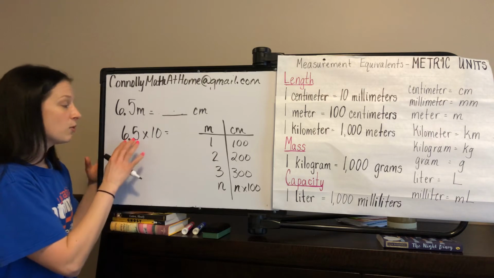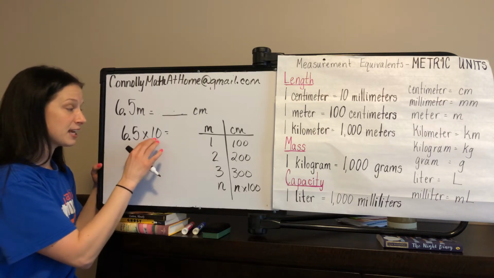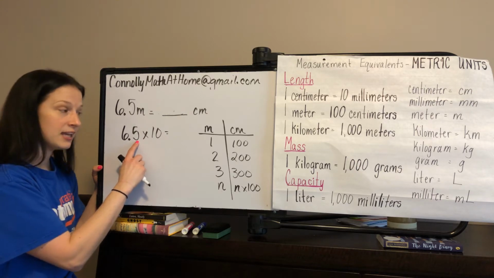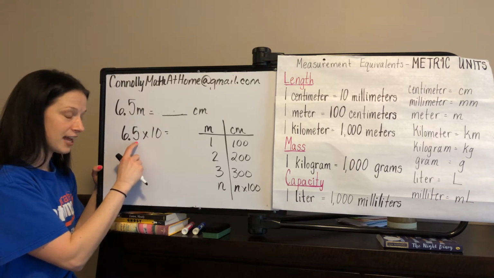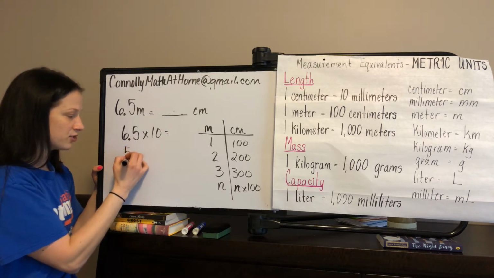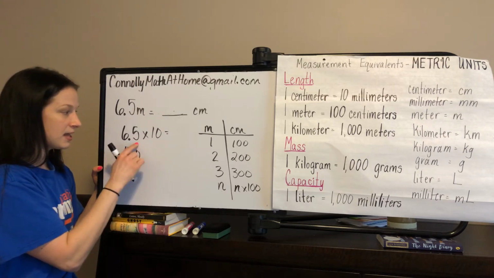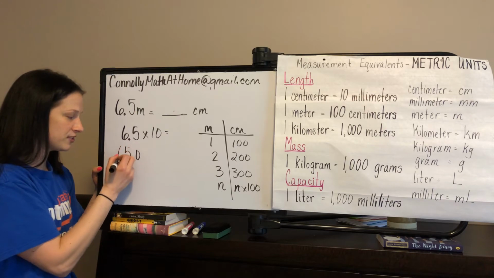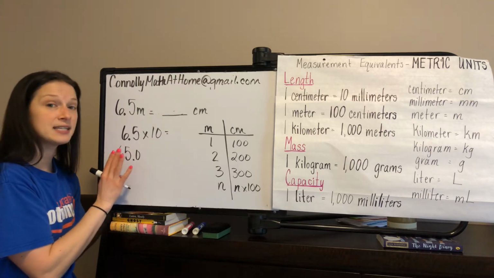So when you're multiplying 6 and 5/10 times 10, we have a 5 in the 10ths place. If my 5 is going to get 10 times greater, then it's going to shift over to the ones place. Then, when I multiply 6 times 10, the 6 in the ones place shifts to the tens place.